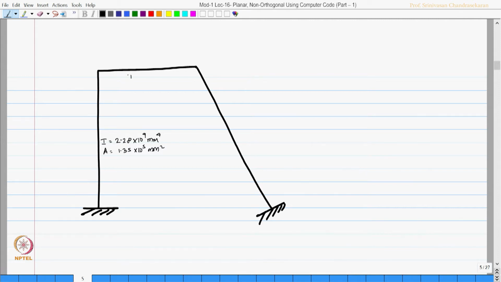The I value for this member is 3.125 into 10 power 9 mm4 and cross section area is 1.5 into 10 power 5 mm square, and moment of inertia for this member is same as the vertical column, which is exactly the value which I am writing on the board now.